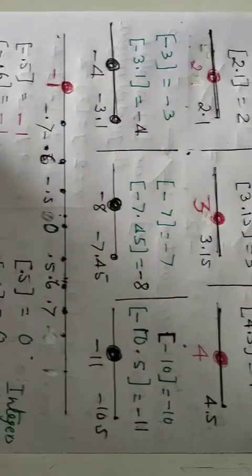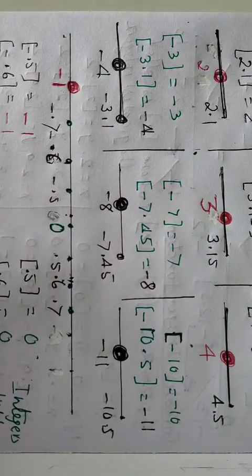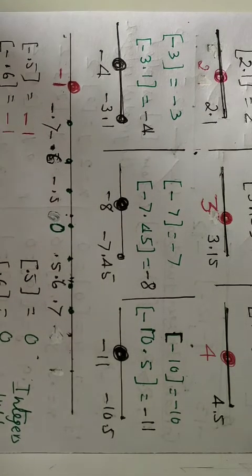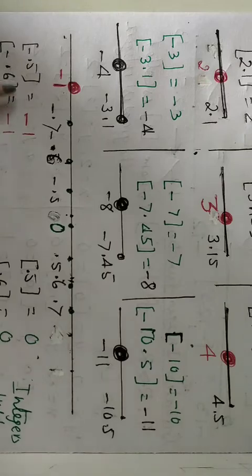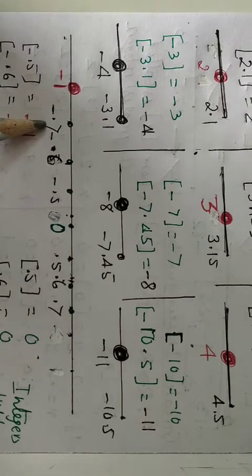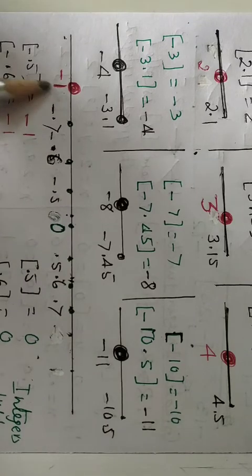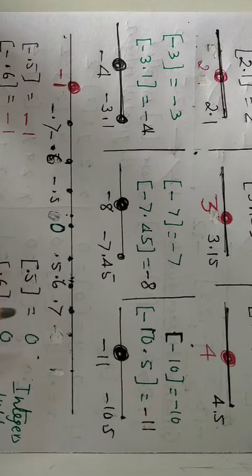So in this way we can learn the greatest integer function. Now just look here, minus 0.5, minus 0.6, minus 0.7. If we move left for all three, we get minus 1. So minus 1 will be the answer for all. Likewise 0.5, 0.6, 0.7, the integer to the left is 0, so all are 0.